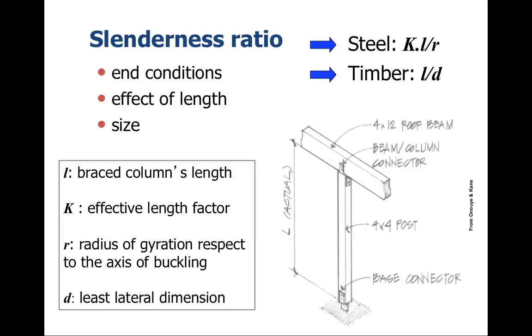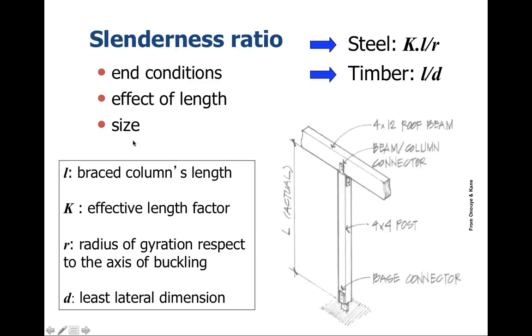Alright, so some things related to the slenderness ratio. We have two scenarios, one for steel and one for timber. One consideration is the end conditions: how is it fixed at the top and the bottom? Another is what effect the length has, and also what about the size?